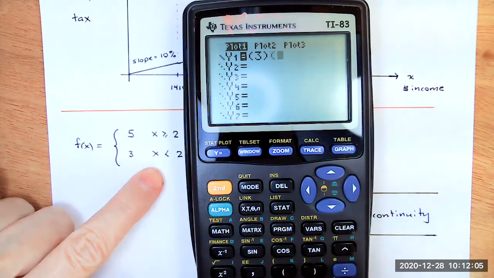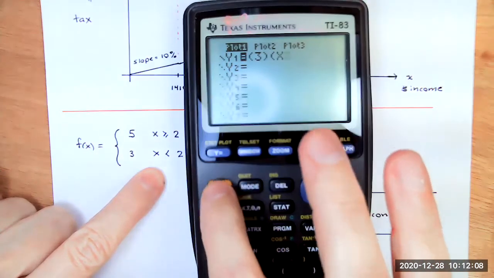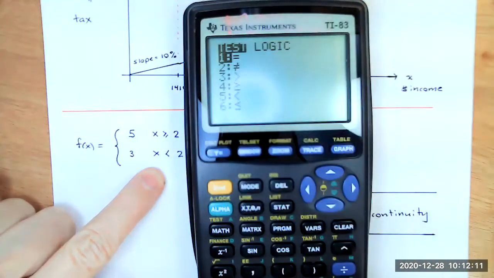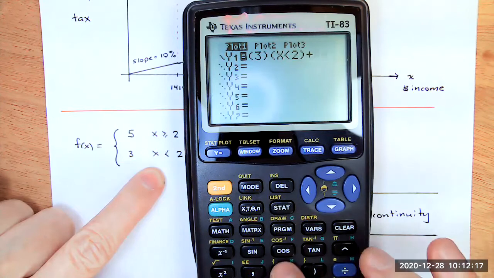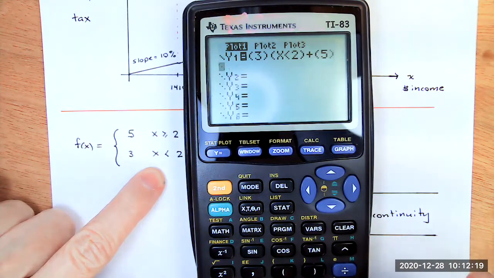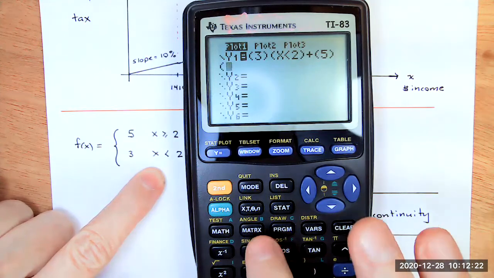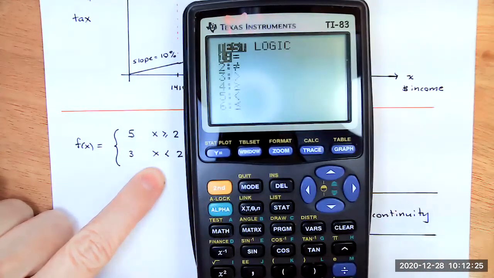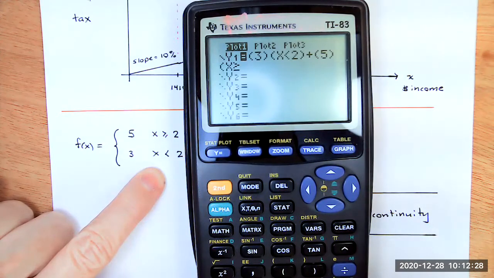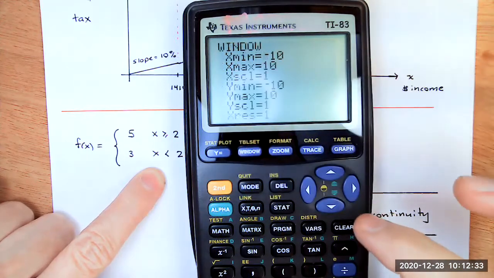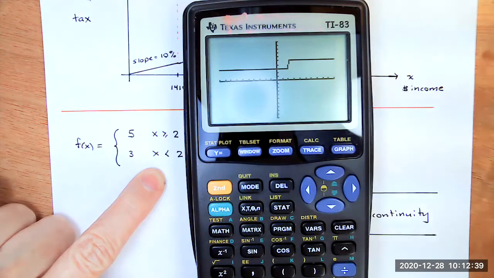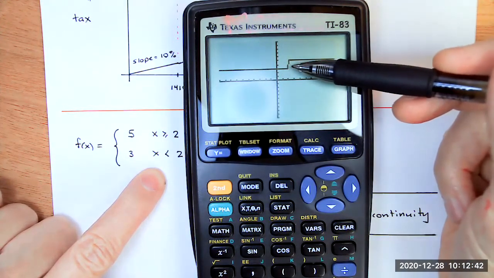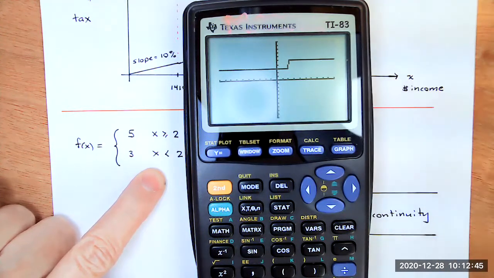You're just going to put in parentheses x and then test, number 5, less than 2, plus, I don't know if you need 5 in the parentheses, but this is going to be for x and then test, number 4, greater than or equal to 2. And we'll just choose the standard window. Unfortunately, the graphing calculator likes to connect the dots, but if you zoom in, you'll be able to see that jump.